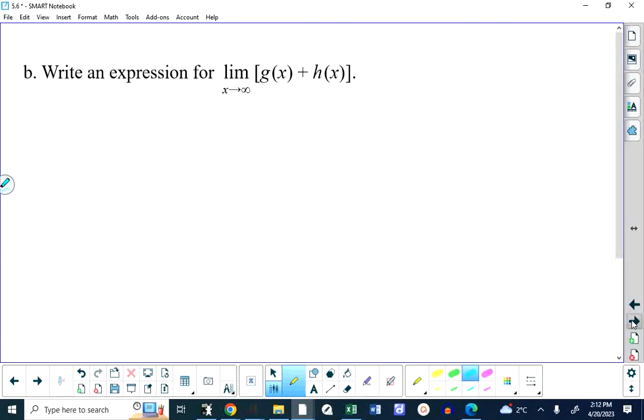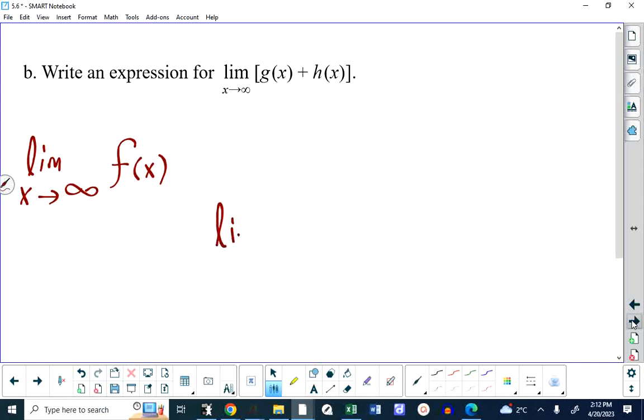Write an expression for the limit of f of x. I do want you to understand, everybody, that this thing I'm asking us to evaluate is that. That's what I'm asking you to evaluate, because f of x is g of x plus h of x. Well, we know there's a property of limits.